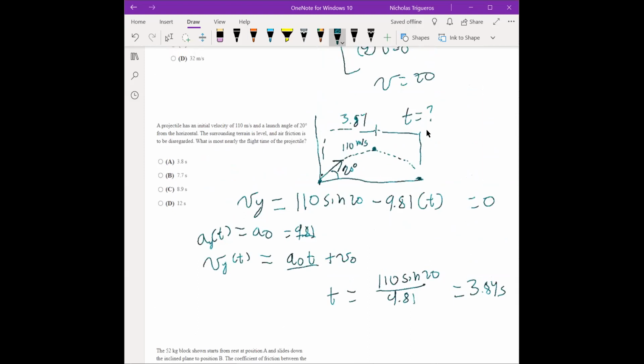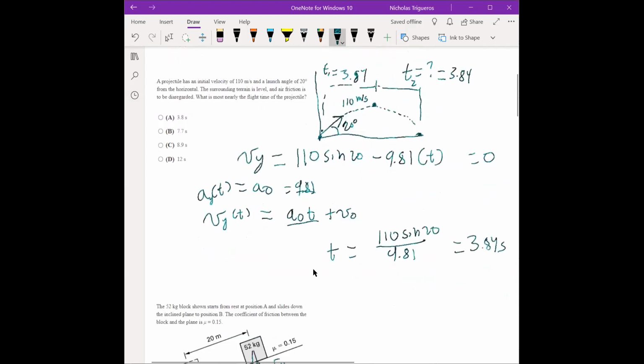Because we found the time for half of the path. If air resistance is not accounted for, I don't think the velocity has changed that much. It's because acceleration is constant, right? So I don't see the velocity changing. It should still be the same amount of time.